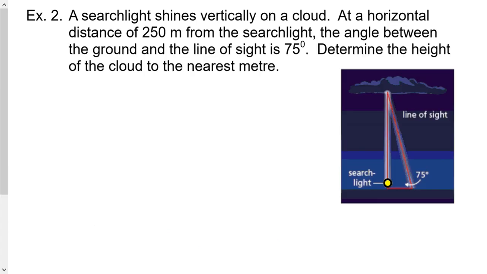Let's apply it to a real problem. A searchlight shines vertically on a cloud at a horizontal distance of 250 meters from the searchlight. The angle between the ground and the line of sight is 75 degrees. Determine the height of the cloud to the nearest meter. So trigonometry is actually a really useful tool for determining the lengths of things that we can't measure.